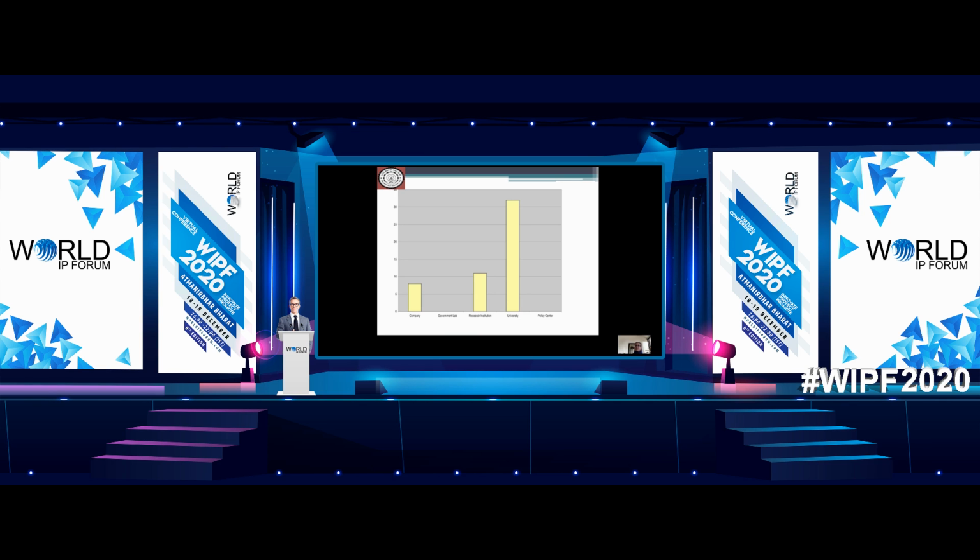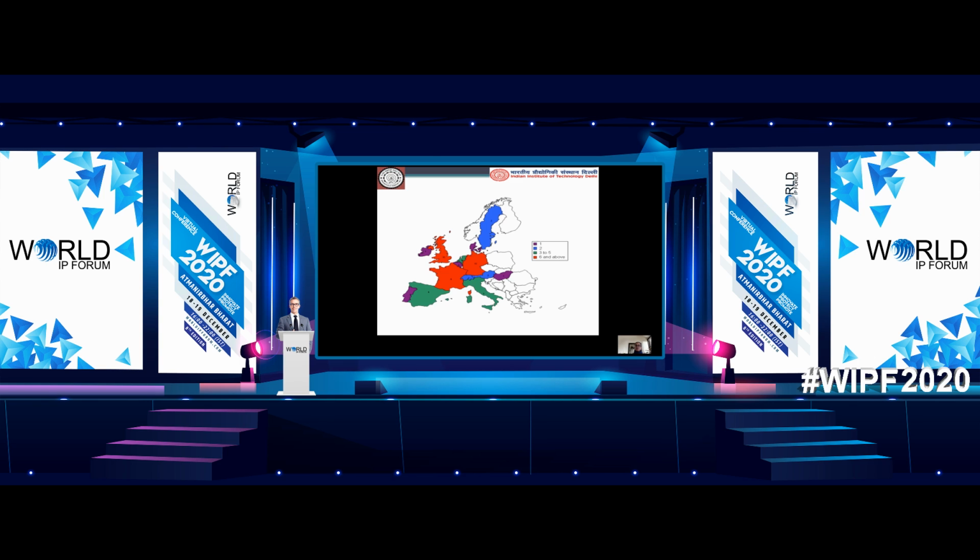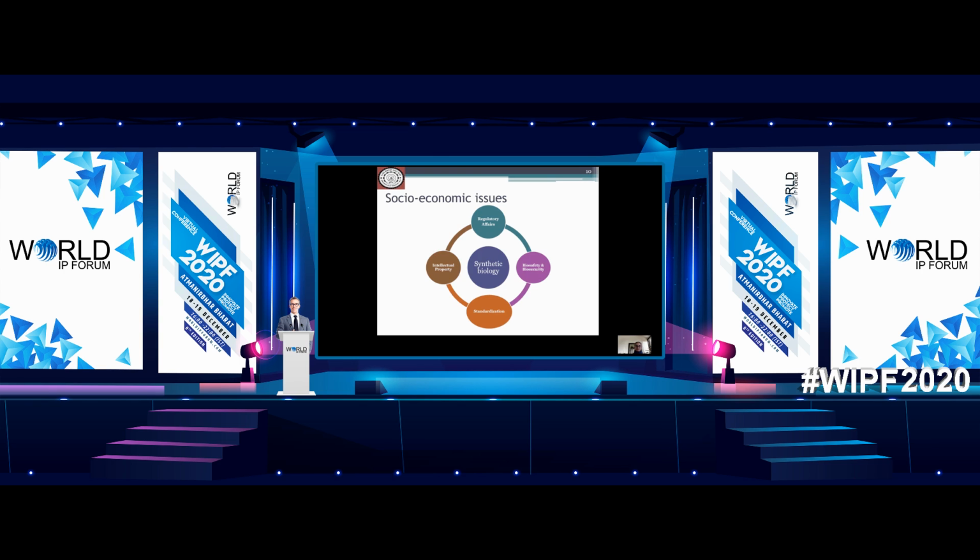In the case of Europe, again, we see the same pattern. Most of the work is still being carried out at the university level. Companies are also investing, and research institutions are also gaining interest in synthetic biology. You can see the distribution of synthetic biology-based laboratories in Europe: Italy, Portugal, France. All of these are showing interest in the field of synthetic biology.